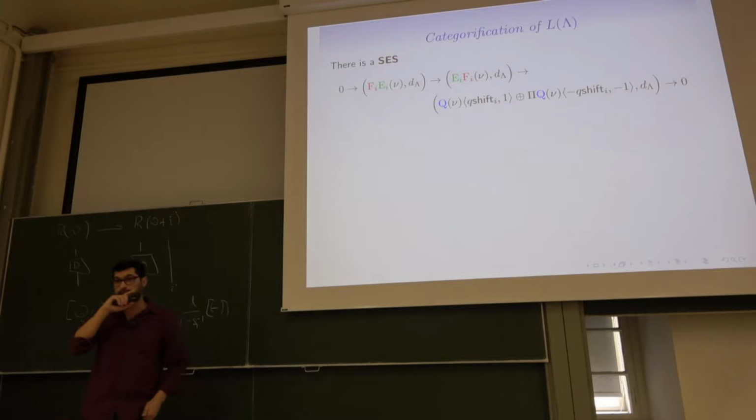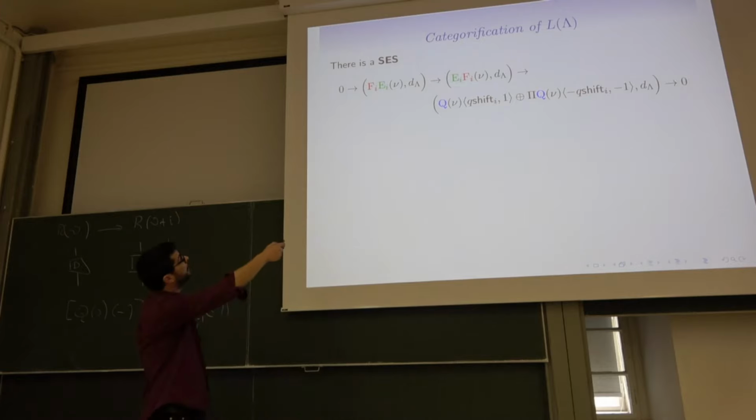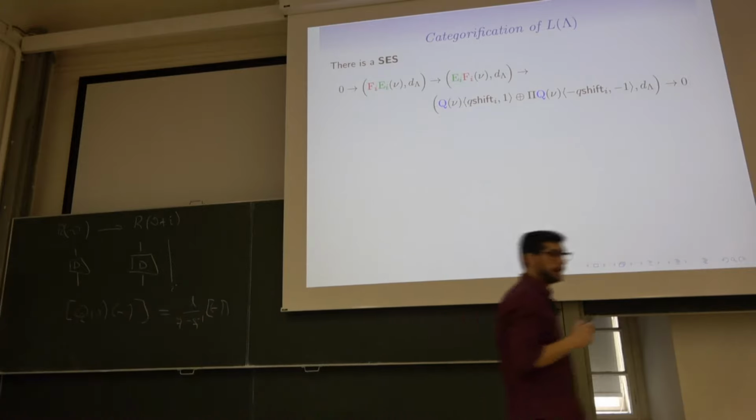Now, let's have a look at this exact sequence with the differential. So now we bring in the differential into the picture, and you still have a short exact sequence of DG functors. There's a differential here acting on the sum that makes this sequence a sequence of DG functors.